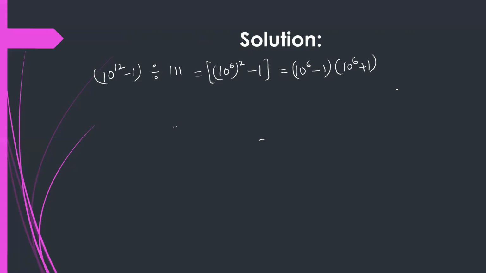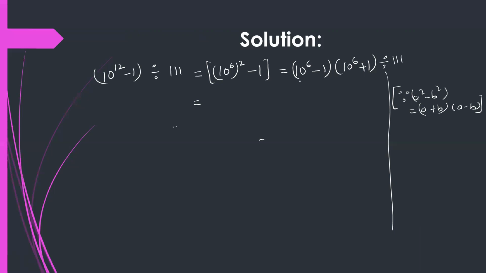Why we did this? Because we know that a square minus b square can also be written as a plus b, a minus b. Further solving this question, this is, of course, divided by 111.